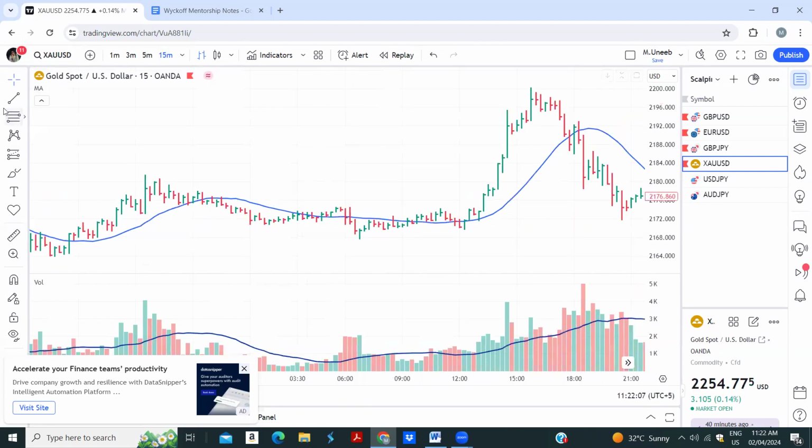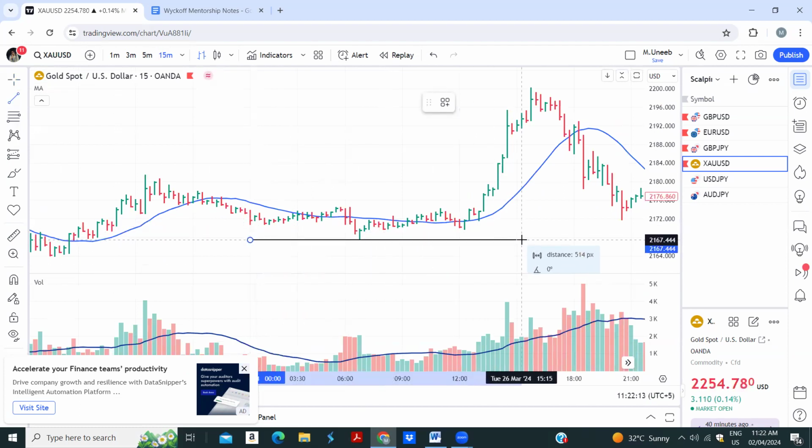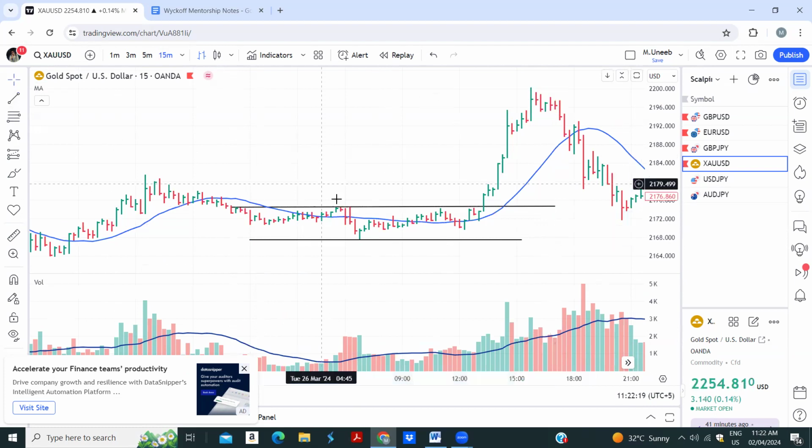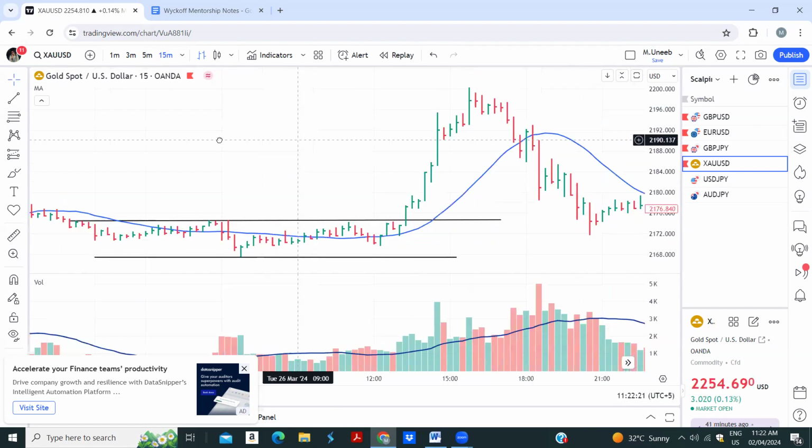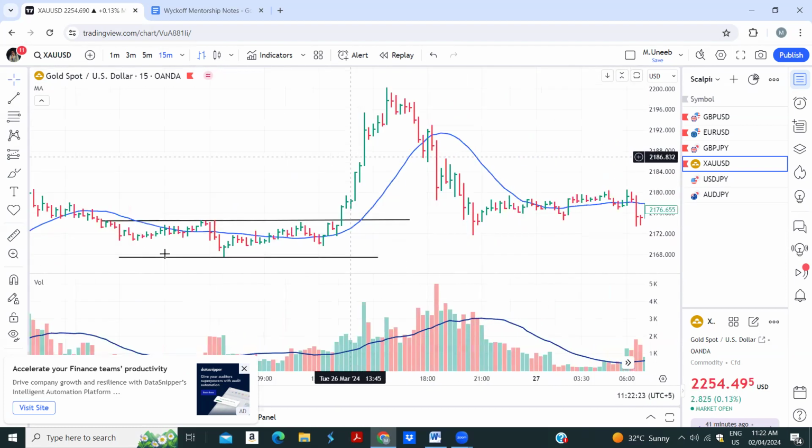For example, I show you the law of effort versus result. If I just draw these charts here, if I identify this range here, now I want to measure this bar here, how long it is.